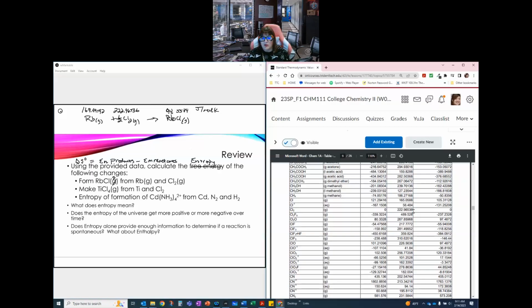Now, the reason that I write this the way that I write it is because it's true for delta H, delta S, and delta G. So I don't like to have to remember which one I put where. I just write it like this, and then I can label it however I need to in the front. So that works for me.